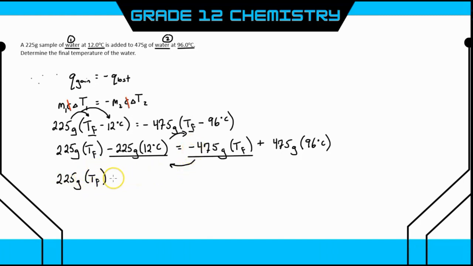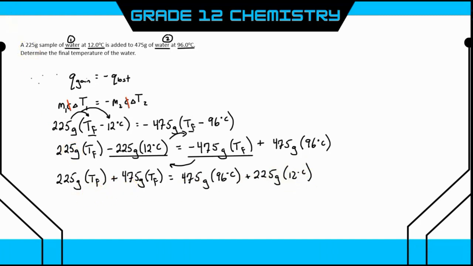And this is going to become positive, so plus that 475 grams times the final temperature. And that's going to equal, we have this 475 grams times 96 degrees Celsius, and then plus this 225 grams times that 12 degrees Celsius.